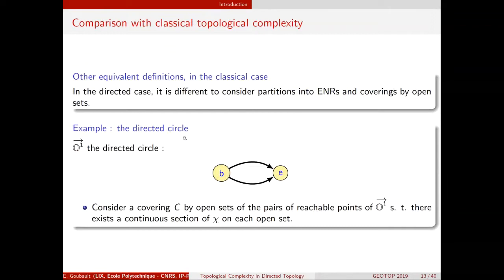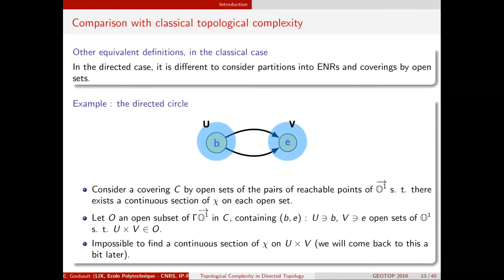So just look at this example, the directed circle, let's say. It's just 2 segments glued together onto B and E, and the 2 segments are oriented the same way from B to E. So if you had a covering C by open sets of the pairs of reachable points of this directed space, such that there would exist a continuous section of the dipath map on each open set, then you would certainly have an open set in that covering C. So this open set, I call it O, which will contain BE.